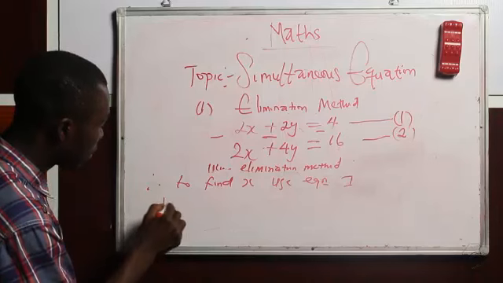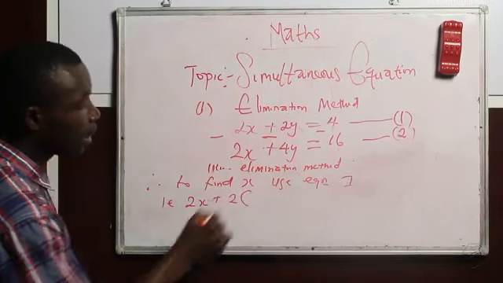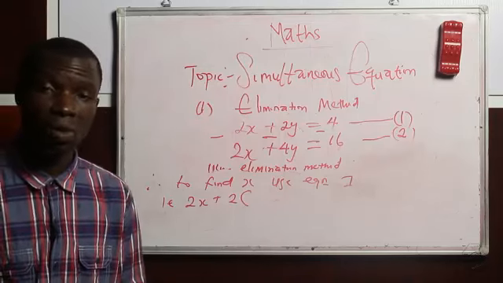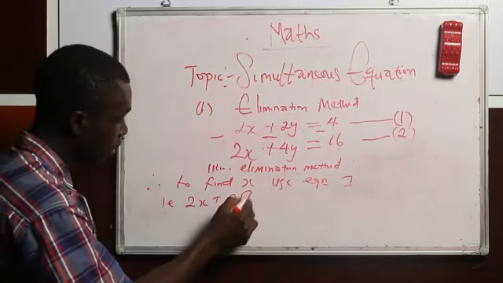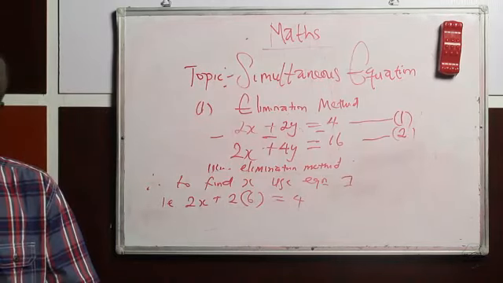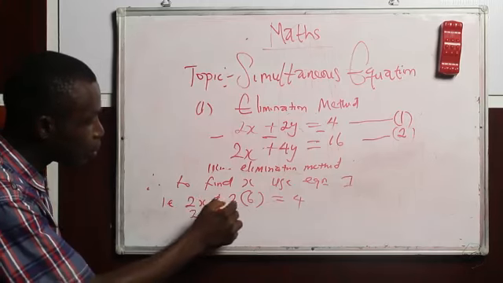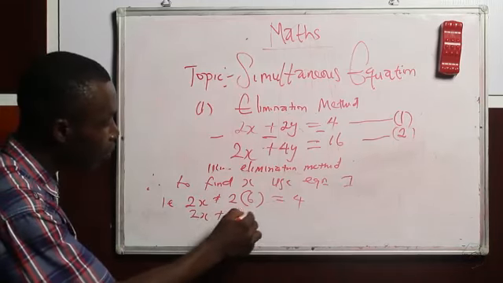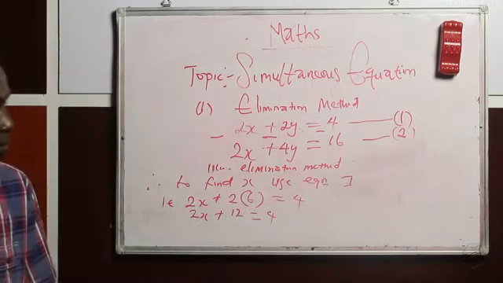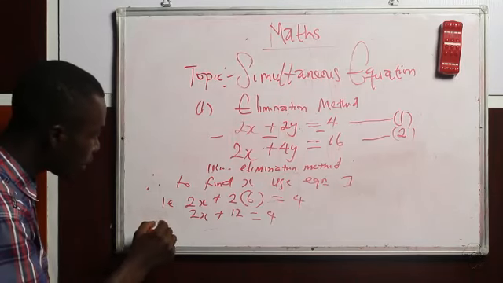That is 2x plus 2 bracket y. Remember, our y was 6. 2x plus 2 times 6 equal to 4, which will give us 12 equal to 4.